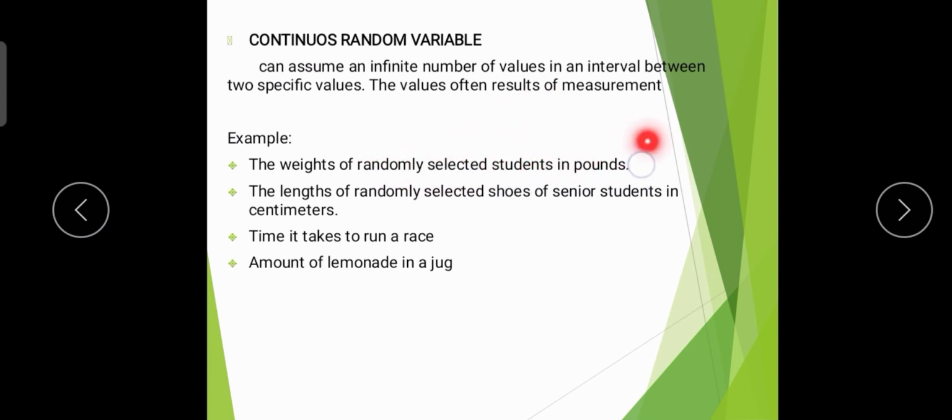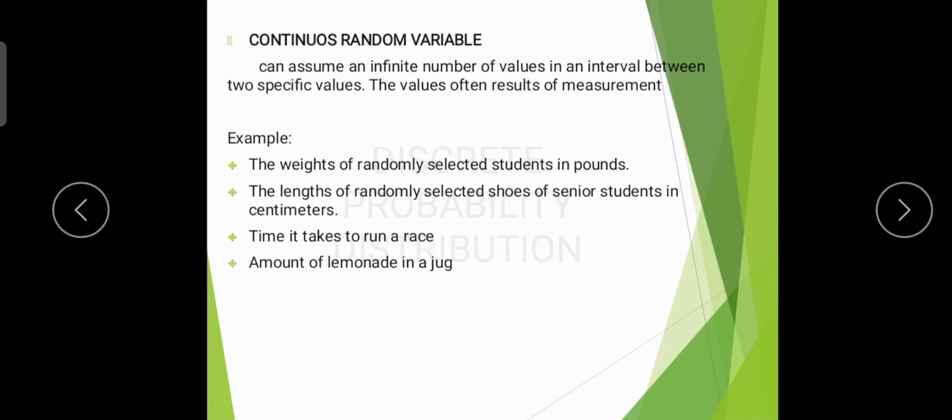Ang weights naman natin is may decimal, ganon. The length of randomly selected shoes of senior students in centimeters. Kung yung haba daw ng shoes of senior students in centimeters. Time it takes to run a race, amount of lemonade in a jug. So that is the continuous random variable.